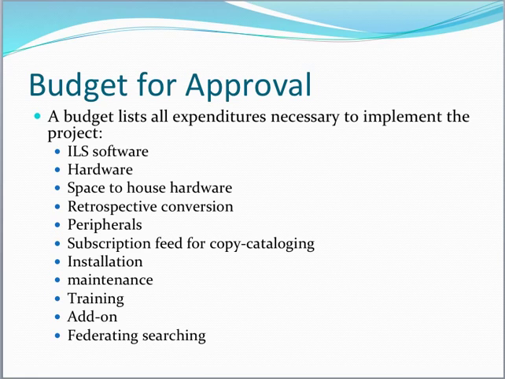The software, the hardware, space to house hardware, for example servers and other workstations, conversion, retrospective conversion, that means importing and exporting bibliographic records and patron records, peripherals, input output devices such as scanners, machines, speakers, cameras, etc. Peripherals, okay, input and output devices, subscription fees for copy cataloging, installation, maintenance, training, add-ons, and federated searching.